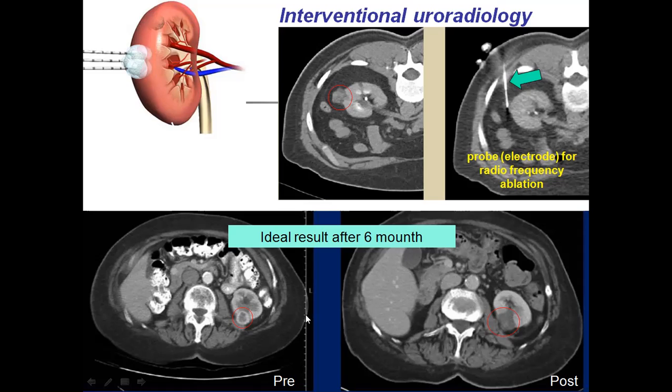Here is an example of an ideal result 6 months after radiofrequency ablation. Here is a tumor of the right kidney before radiofrequency ablation and 6 months after the procedure.